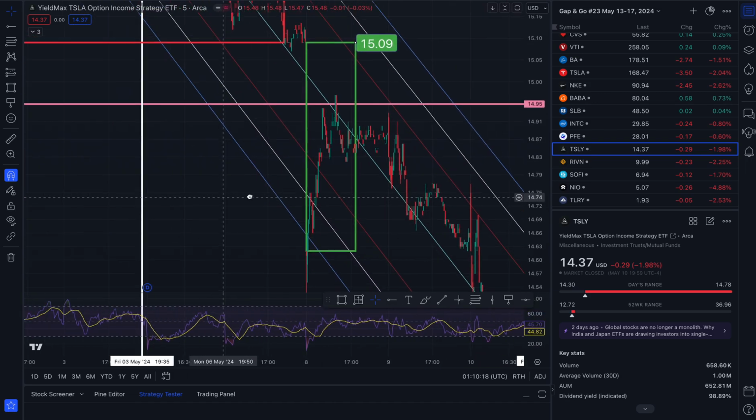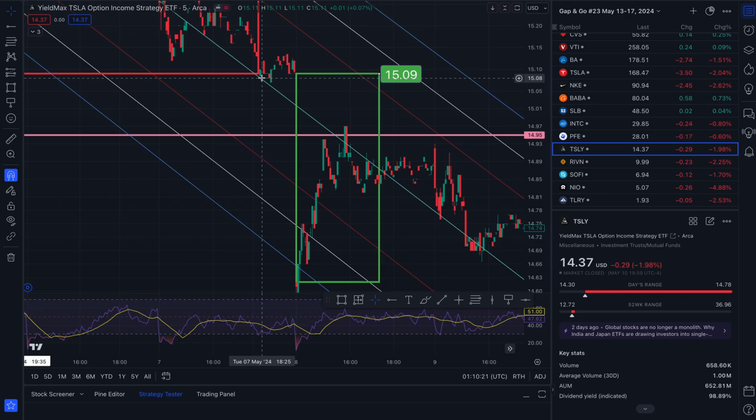So then this gap ended, we rode up a little bit, basically sideways, then flushed down the toilet. So when we go down, I anticipate a gap up. So we filled it 3/4 of the way, not there yet, at 1509.